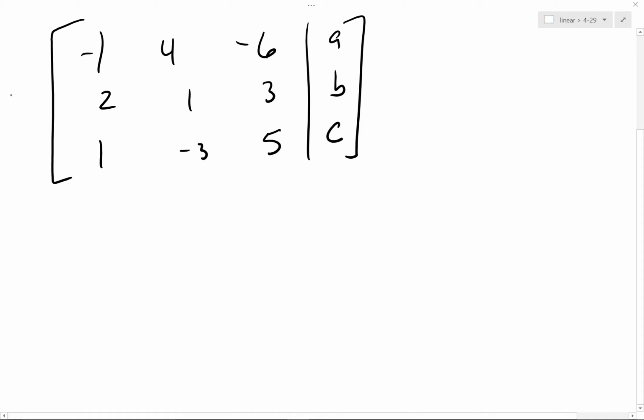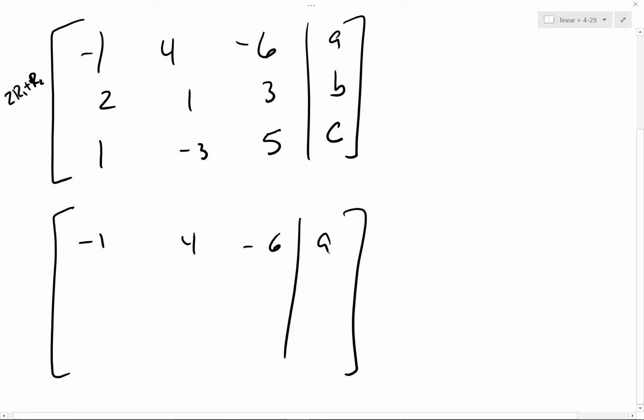So if I do 2 R1 plus R2, I will get negative 1, 4, negative 6. Then I will get 0. I'm going to get 8 plus 1 is 9. I'm going to get negative 12 plus 3 is negative 9. And I'm going to get 2a plus b. That's hot.